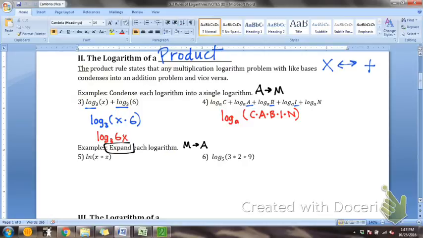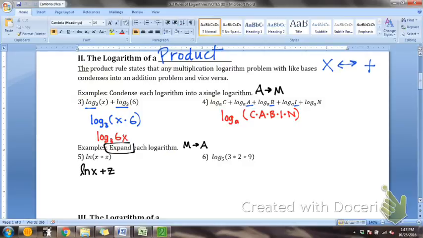So I have this multiplication problem, natural log of x times z. But instead of multiplication, I'm going to turn this into an addition problem. So we know that the natural log of x, am I just going to write plus z, do you think? Ln z.